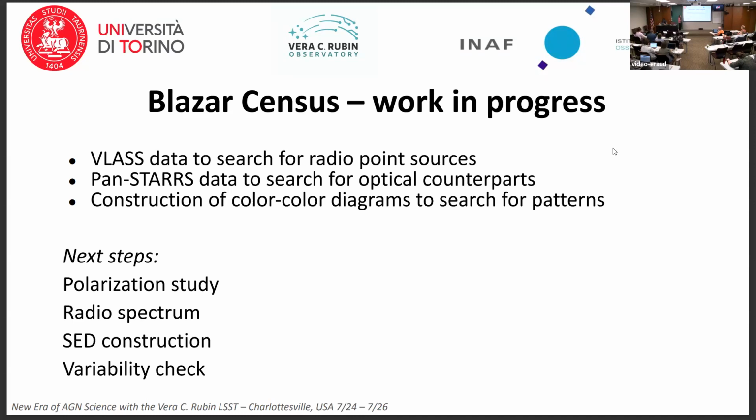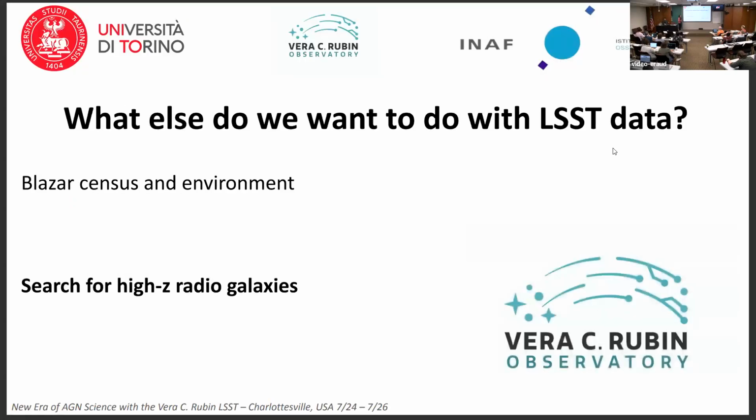Then I will also study the other selection criteria: the polarization, the radio spectrum, and check the variability, so that I can construct the most clear catalog of blazars. Hopefully this will also be used in the LSST part of the sky when we have the LSST data.